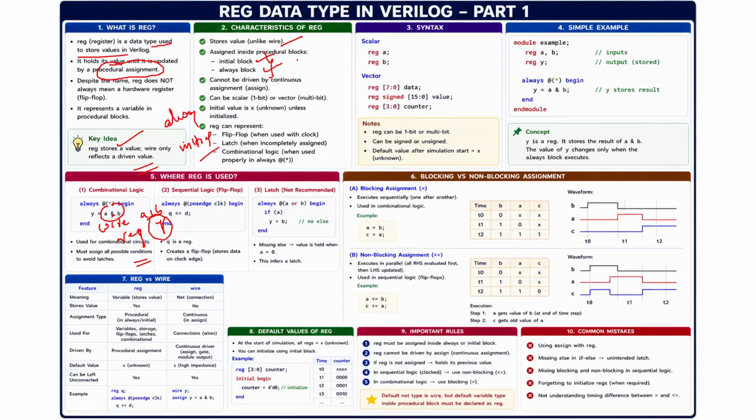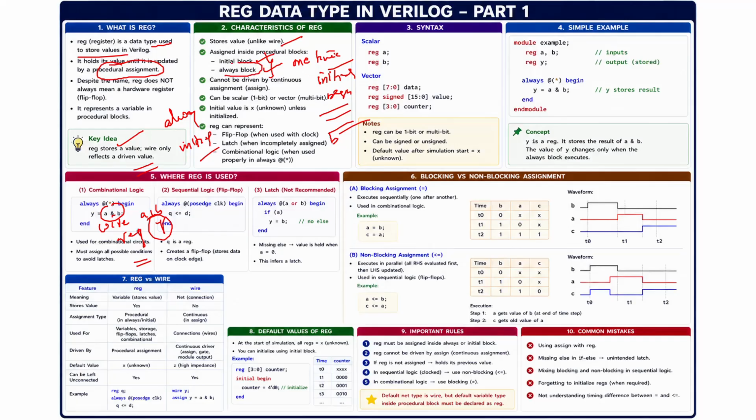The initial block executes one time only; whatever lines of code are inside initial begin are all executed once.